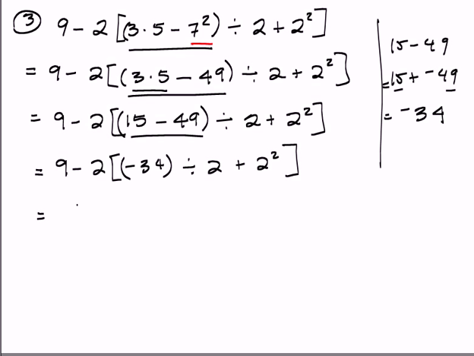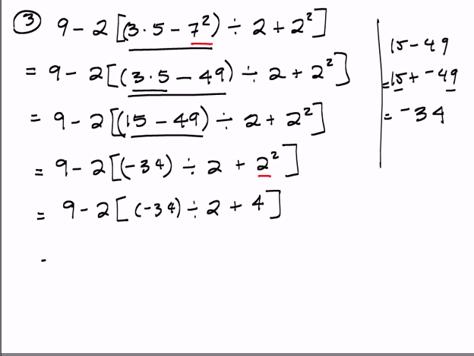Okay, what are we going to do? We still have these big brackets. We've got a negative 34 divided by 2 plus 2 squared. So we've got division, addition, exponent. Yeah, we got to take care of that exponent now. 9 minus 2 times negative 34, some cosmetic parentheses, divided by 2 plus 4.